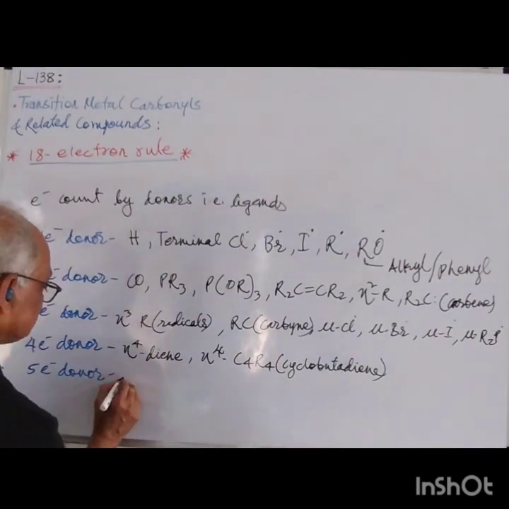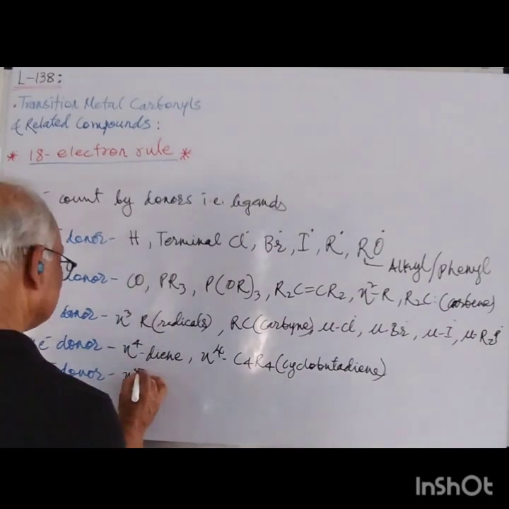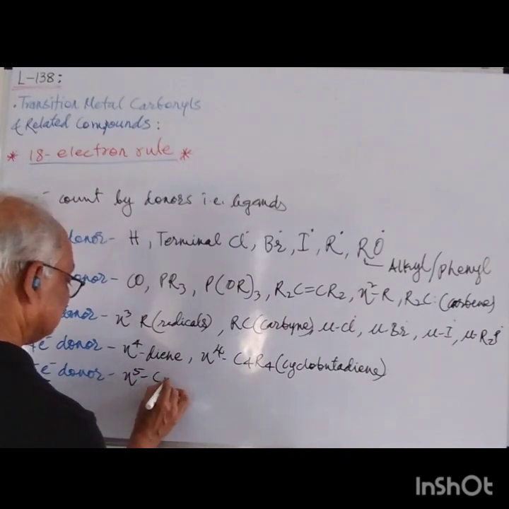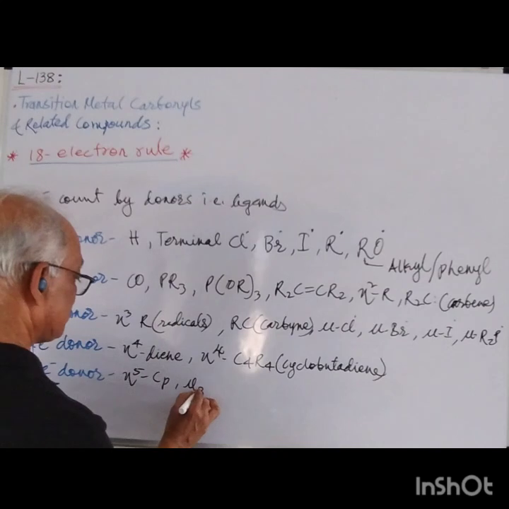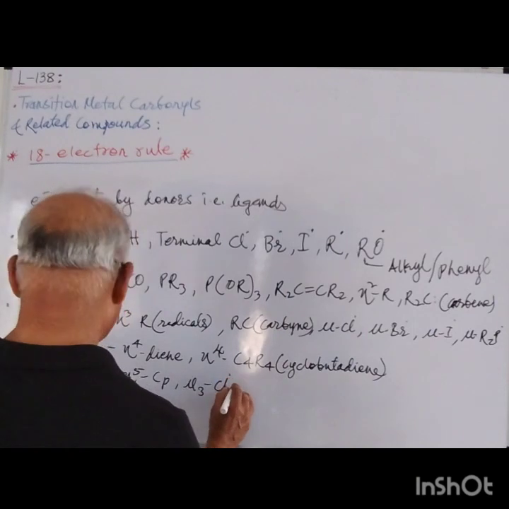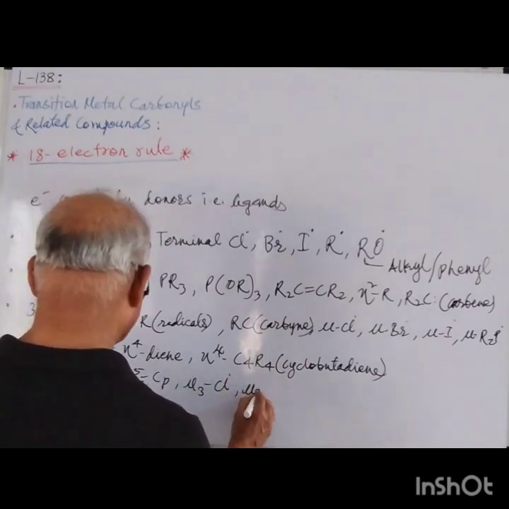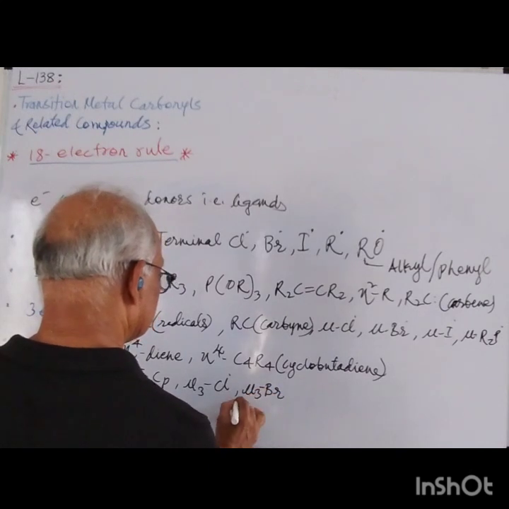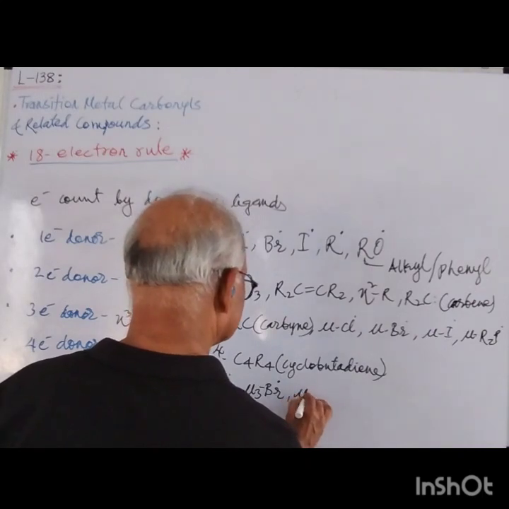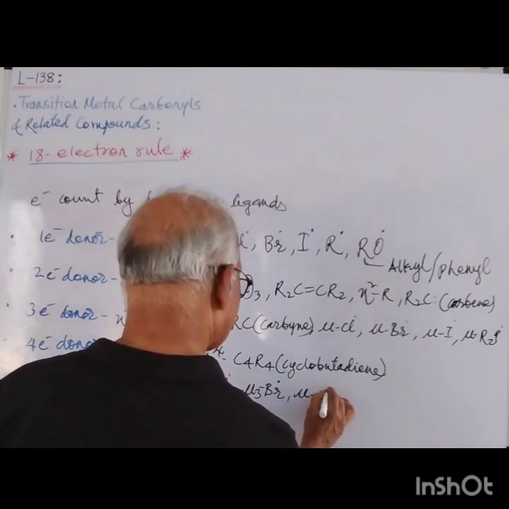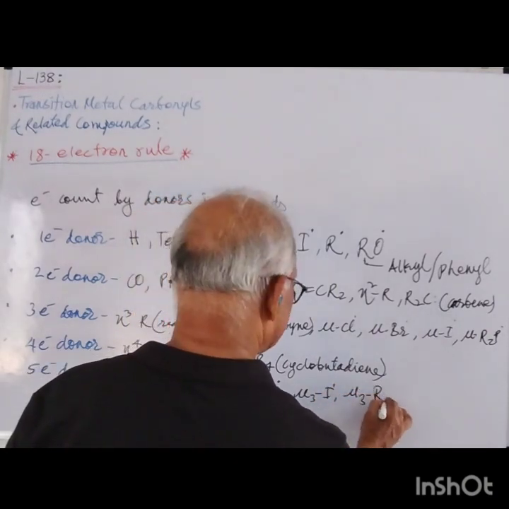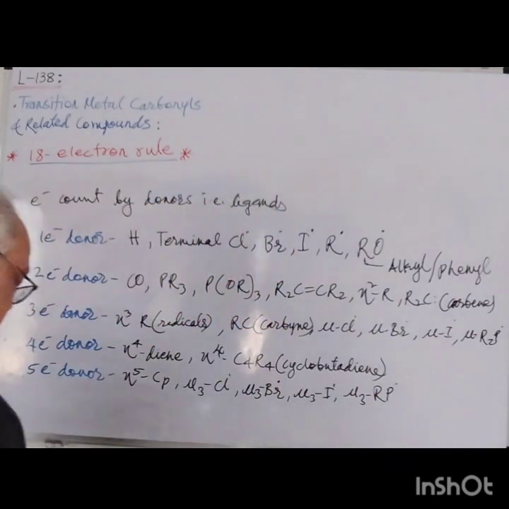Then 5 electron donors, these are eta5, that is Cp, cyclopentadiene, mu3 bridging Cl radicals, bridging 3 Br radicals, then bridging 3 I radical, and bridging mu3 R2P radical.